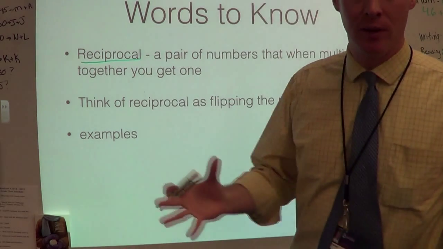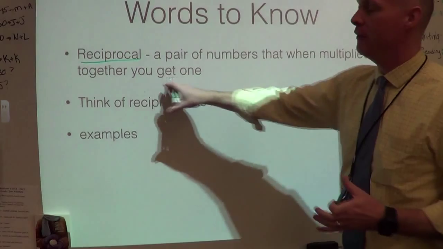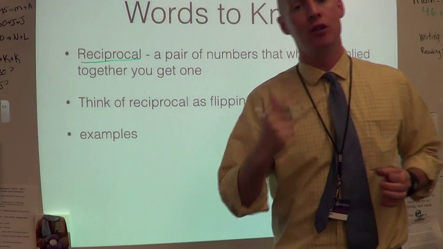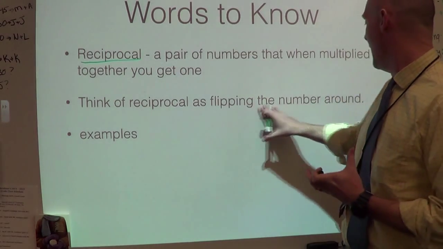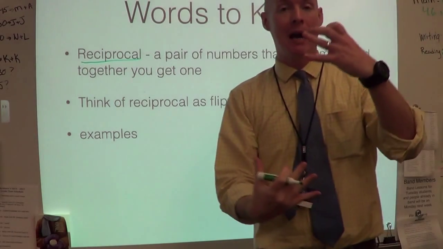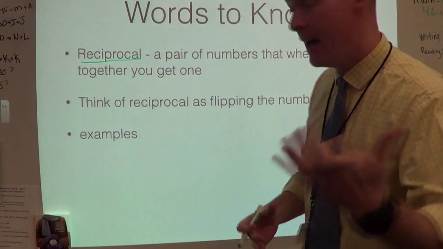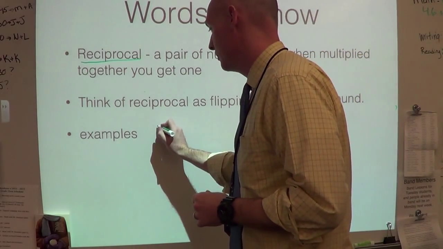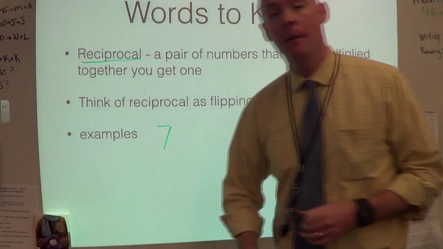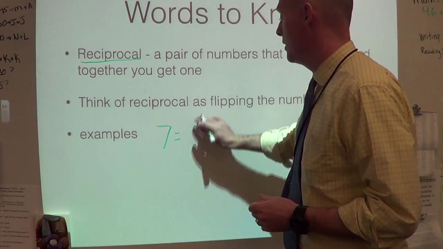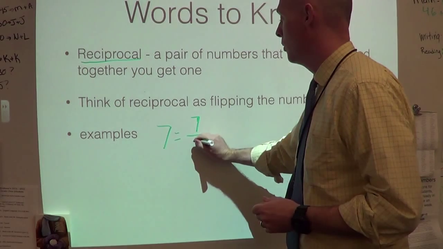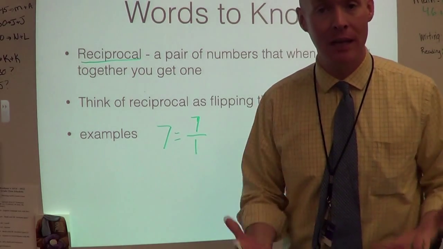Now here's what it actually means. A pair of numbers, when you multiply them together, you get 1. But I want you to think of reciprocal as the number flipping around. And I'll give you a couple examples. Say I have the number 7. We can rewrite 7 as 7 over 1. Still, it means 7.